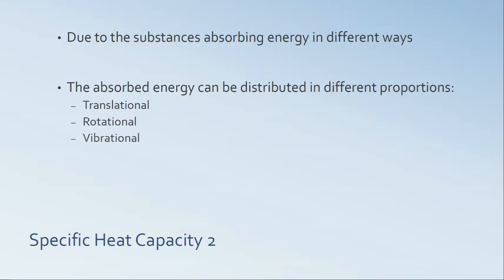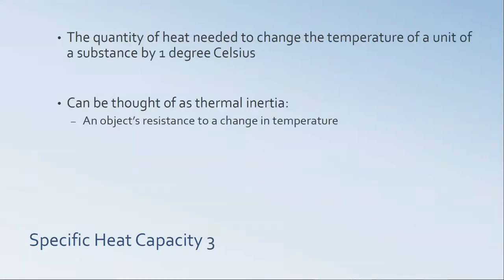But our second object might distribute that same amount of energy in a different proportion, like say maybe 45% translational and 25% rotational, and that leaves what, 30% vibrational. So they're absorbing the same amount of energy, but they're storing it in different proportions.